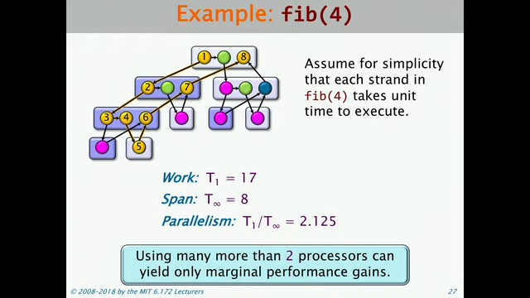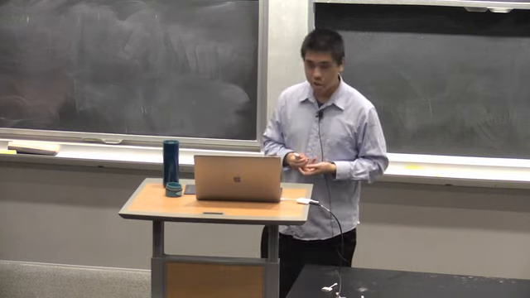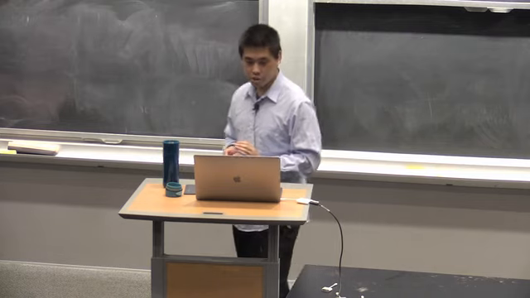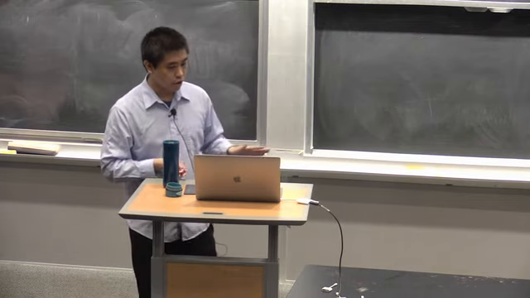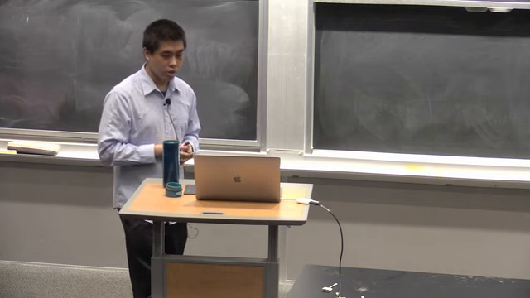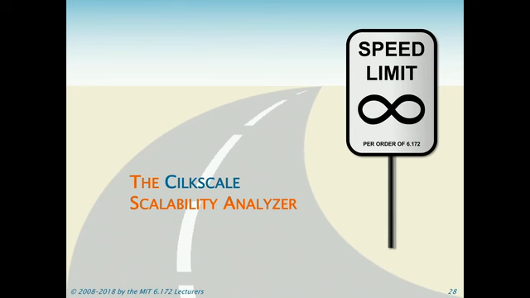OK, so to figure out how much parallelism is in your computation, you need to analyze the work of your computation and the span of your computation, and then take the ratio between the two quantities. But for large computations, it's actually pretty tedious to analyze this by hand. You don't want to draw these things out by hand for a very large computation. And fortunately, Cilk has a tool called the Cilkscale scalability analyzer.